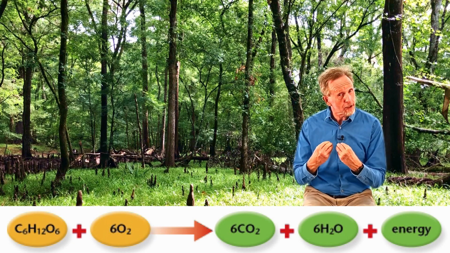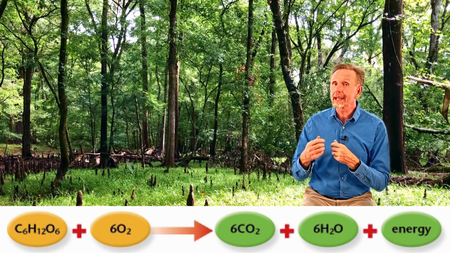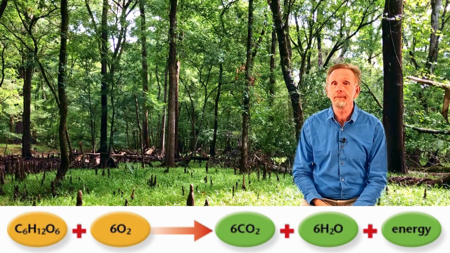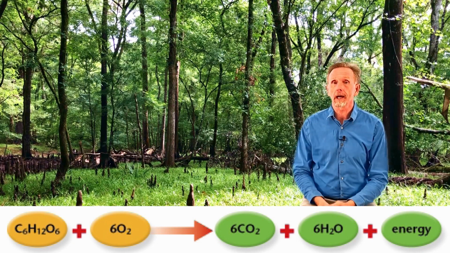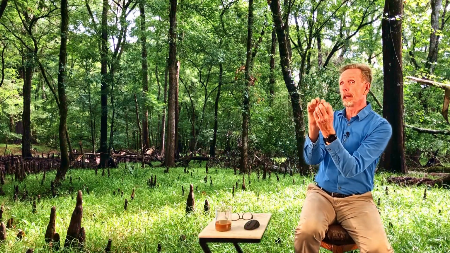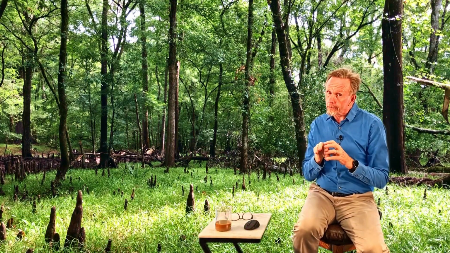So we eat the carbons, and as our body breaks it down into energy, adenosine triphosphate, or ATP, then we release the carbon dioxide back out. We're breathing carbon dioxide into the air, plants are taking it out, we're eating the plants, putting it back in, cycles round and round.